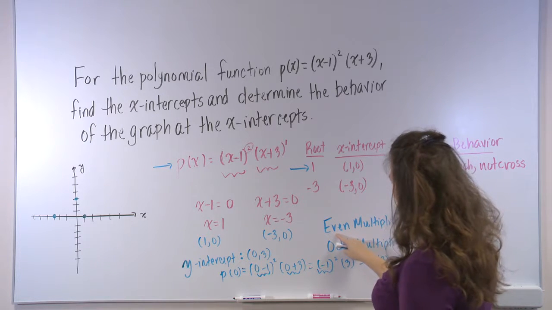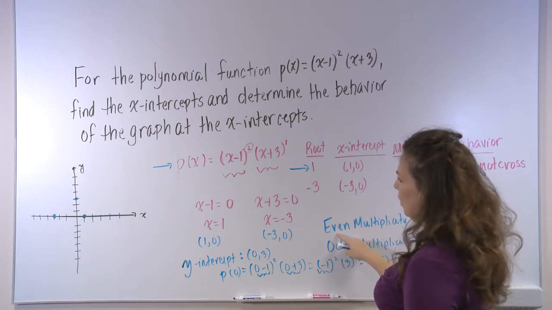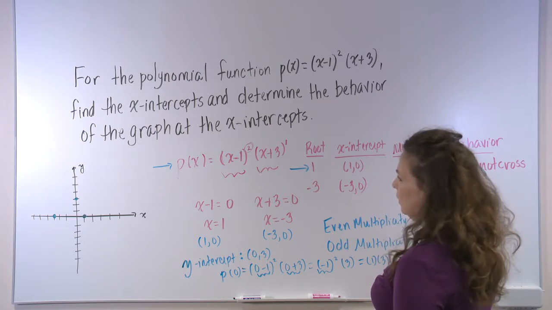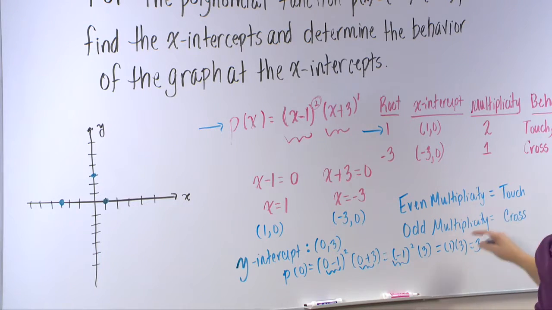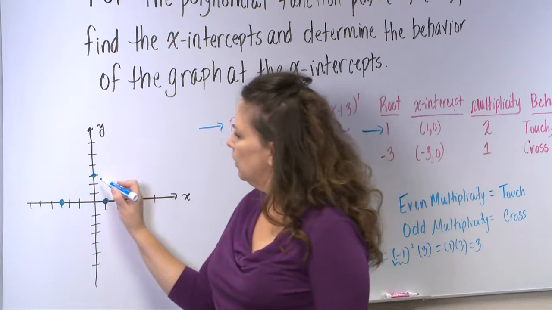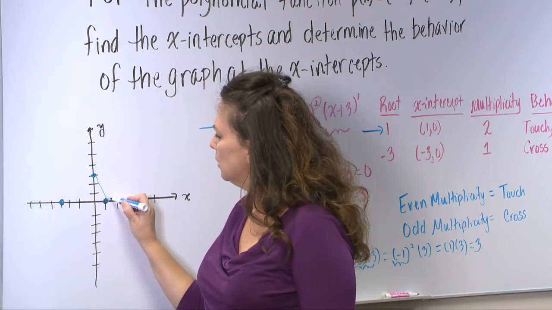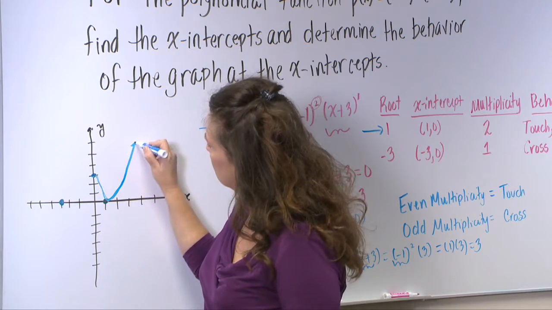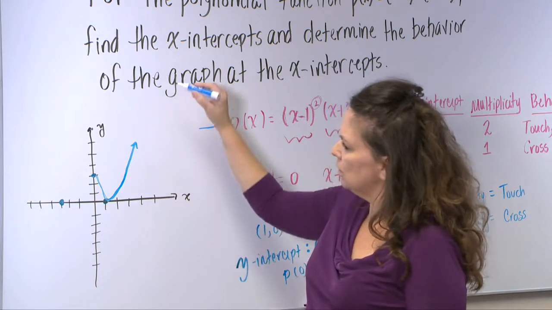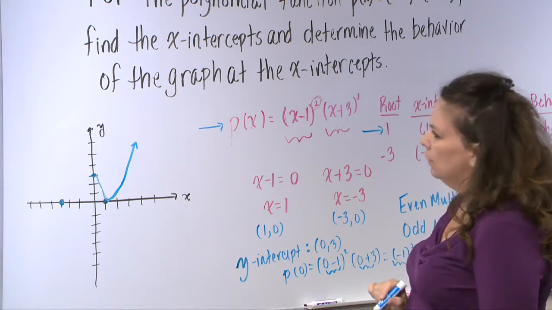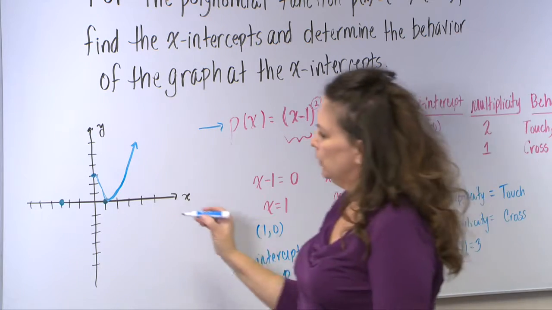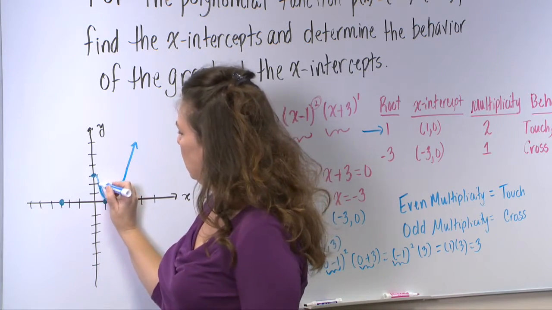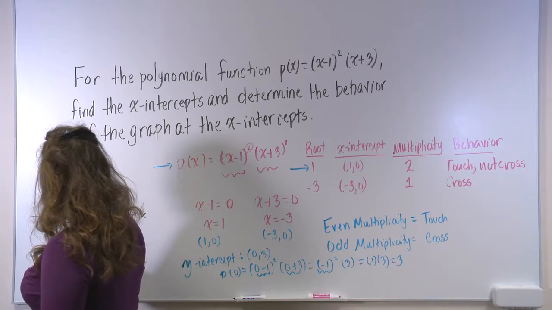Since it's an even multiplicity, our graph is going to touch the x-axis, not cross. So I'm going to come down here and touch the x-axis right at that point, and then it's not going to cross, so it's going to touch it and go back up. It's also going to go through the y-intercept of 0, 3 up in this direction.